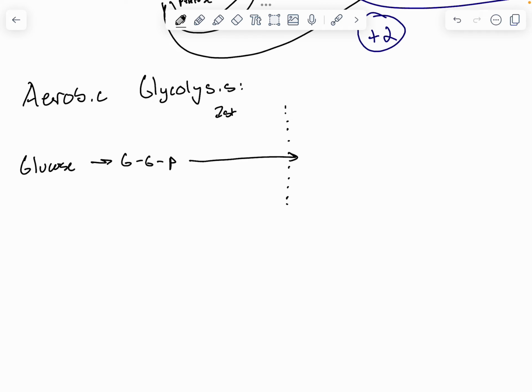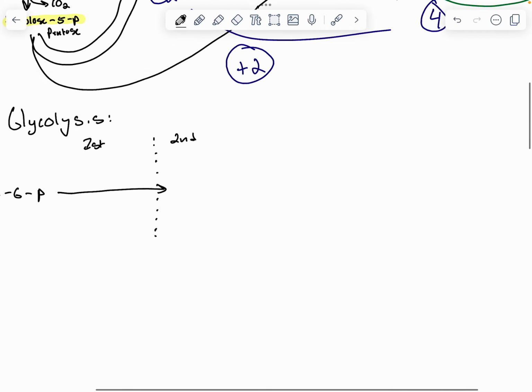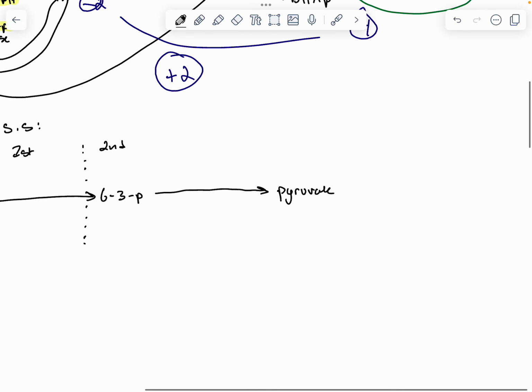First stage, second stage, of course we have G3P, and then we're just going to flash down to pyruvate. And again, remember, I'm going to make another little divider here. We only go to lactate if we're in an anaerobic state.